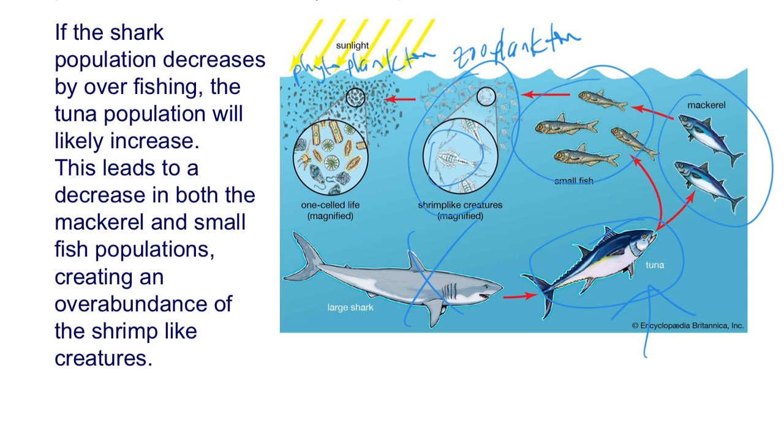And the tuna eats smaller fish and another sport fish, mackerel. So when you took the shark out, the tuna population increased, and the smaller sport fishes' populations decreased because they were the prey for the tuna.